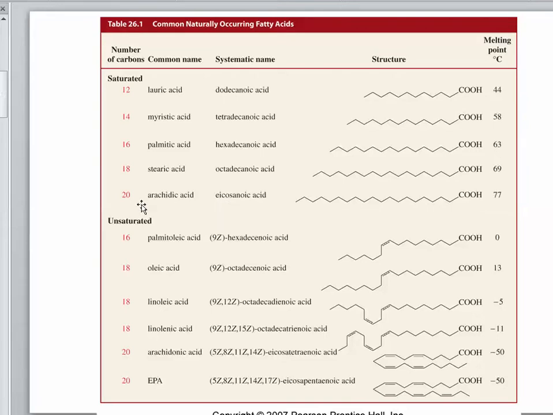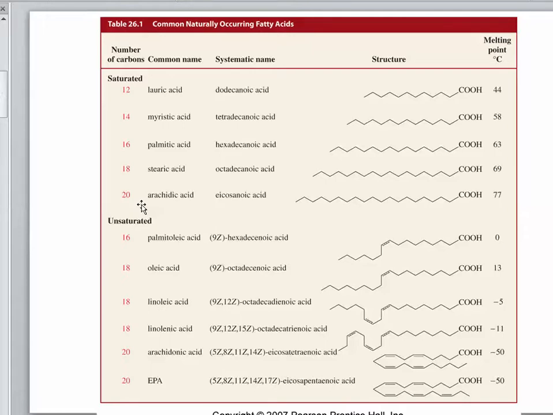So we can call these with the IUPAC or systematic names if we want, but because we're really dabbling into a little bit of biology, just like we had common names for sugars and common names for amino acids, we have common names for fatty acids and lipids as well.